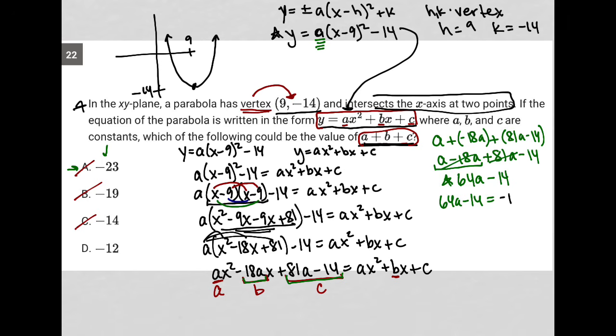So if this were negative 12, I'd add 14 to both sides. And yeah, I get 64a equals 2. And again, I don't actually care what the value of a is. I just care that it's positive. So this does give me a positive value for a. It's the only answer that gave me a positive value for a. Therefore, D must be the correct answer.